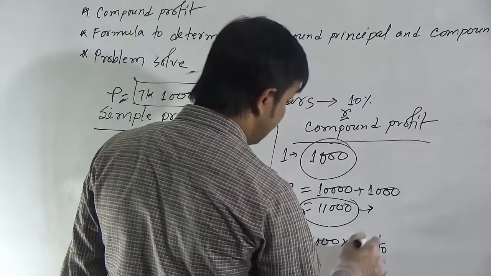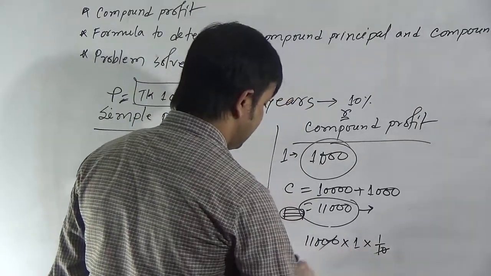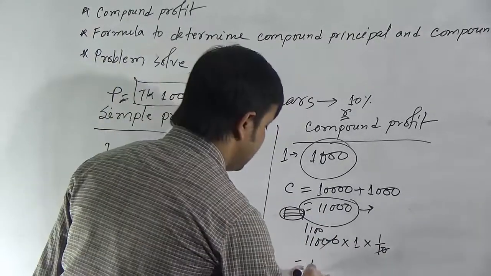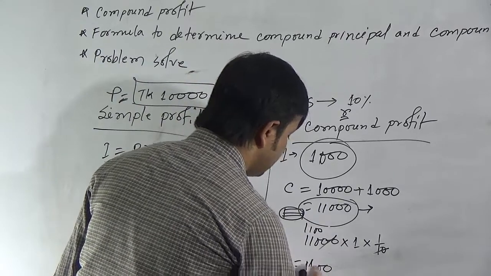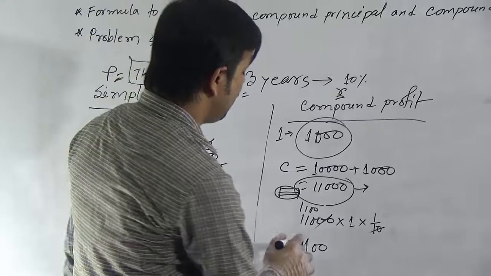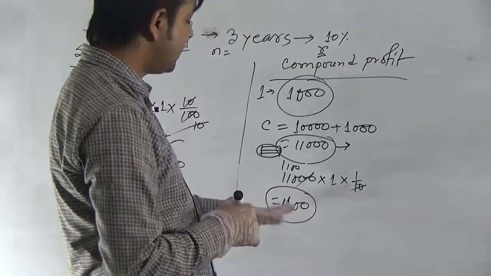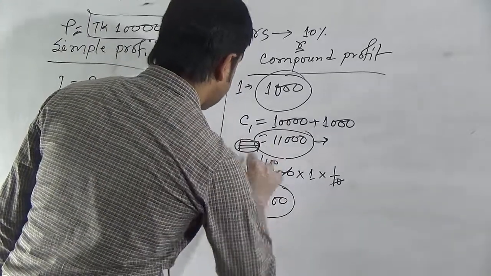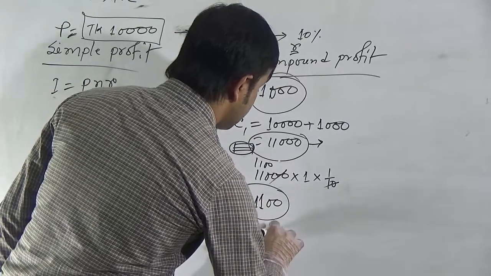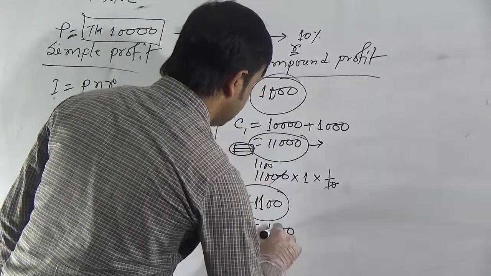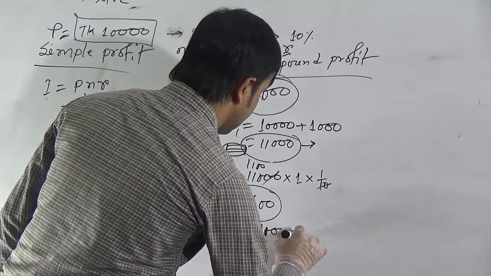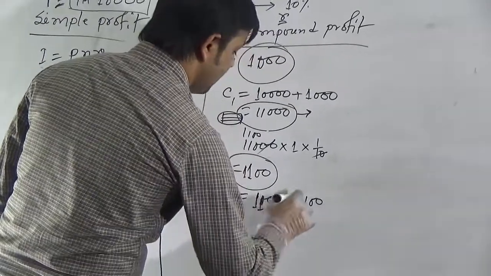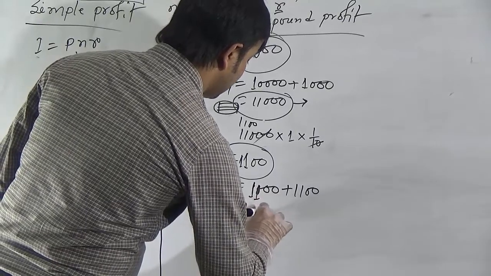If we calculate, we get 1,100. So 1,100 will be the profit for the second year, and after the second year the compound principal, C2, will be 11,000 plus 1,100, which is 12,100.